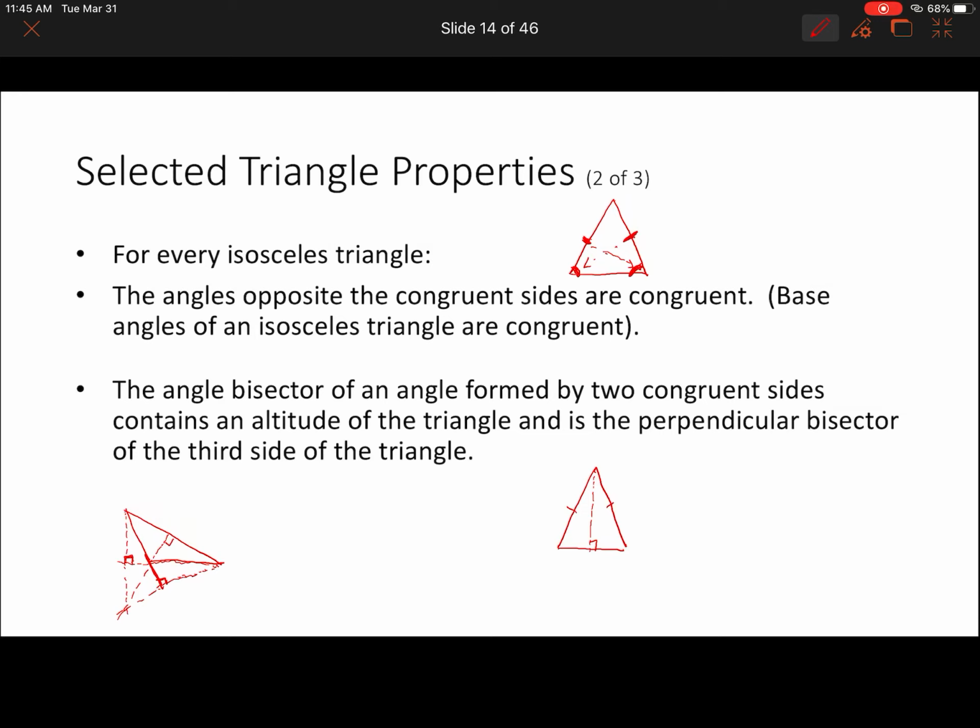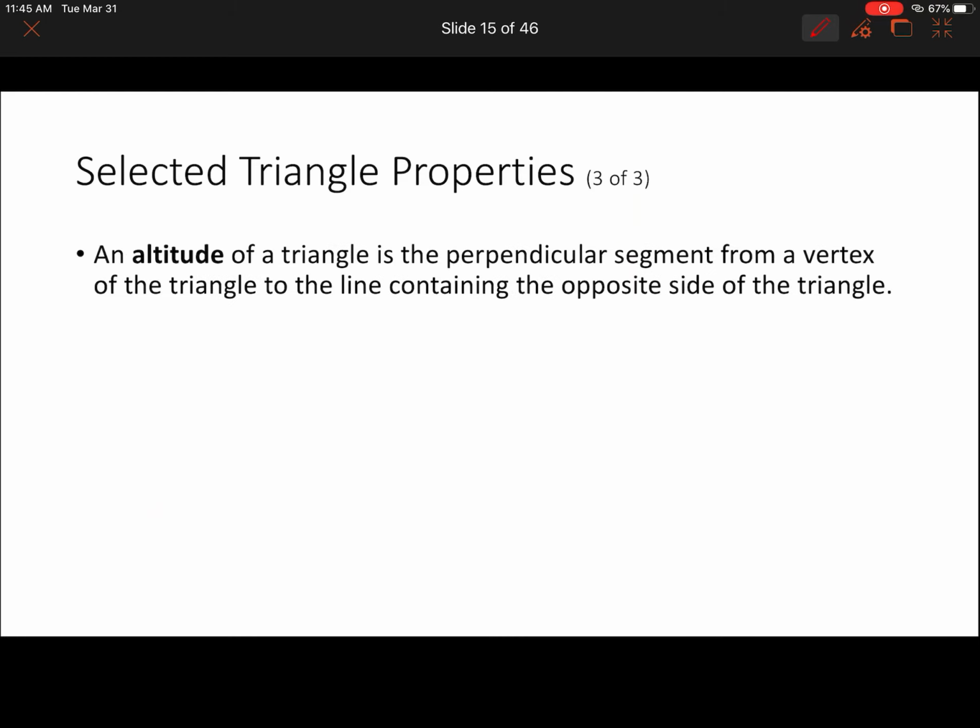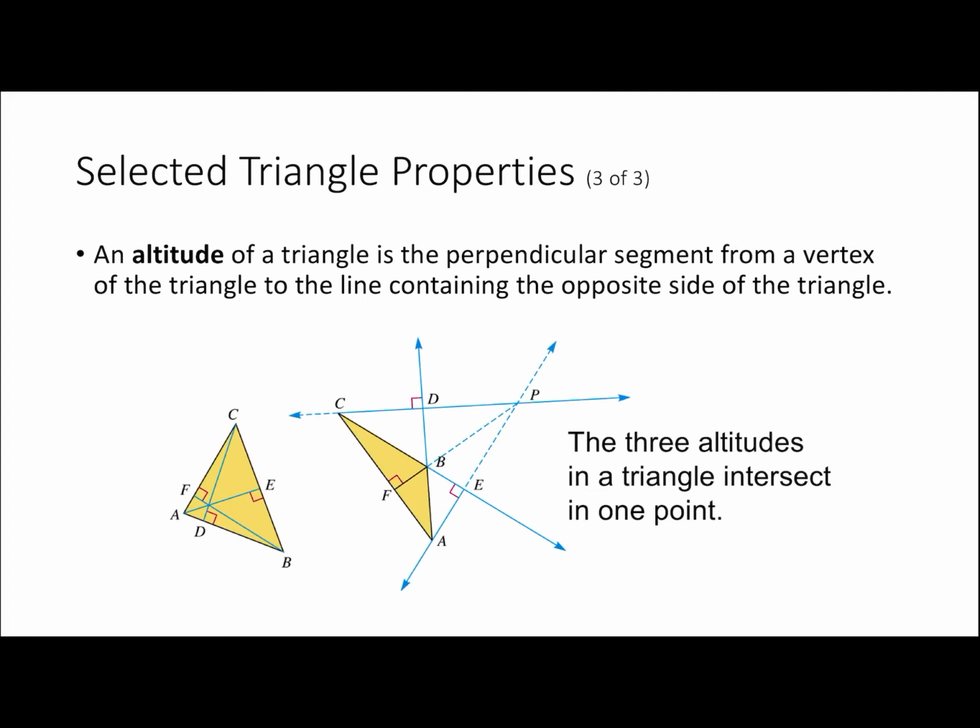No, I'm sorry, went the wrong direction. If you were to extend this out, it actually would go out here, where that's a right angle. And you could extend each of these altitudes, and they all intersect at the same point. So what this says is that the angle bisector formed by the two congruent sides contains an altitude of the triangle, and it is a perpendicular bisector of that third side. So the altitude and the perpendicular bisector end up being the same in an isosceles triangle.